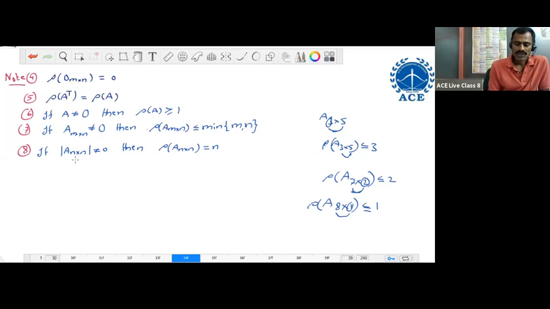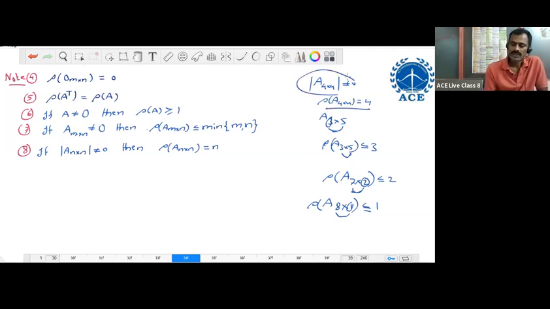The matrix is non-singular, and its order is its rank directly. Suppose a 4 by 4 matrix A is non-singular. Then its order is the rank of the matrix, so rank of A 4 by 4 equals 4. That's it. Or if you know the rank, we can also tell whether it is singular or non-singular, in reverse.